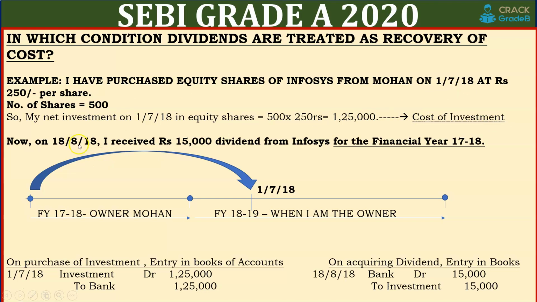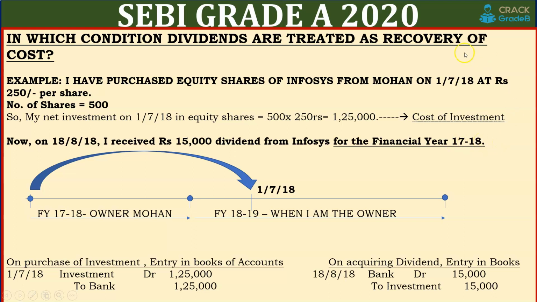Now on 18th August 2018, I received rupees 15,000 dividend from Infosys for the financial year 2017-2018. So मुझे कौन से year के लिए dividend मिल रहा है, that is very very important for me. Okay. मुझे मिला किस year में है, that is irrelevant, but मुझे कौन से year के लिए मिल रहा है, that is important. So Infosys ने 15,000 dividend दिया है, that is for financial year 17-18.